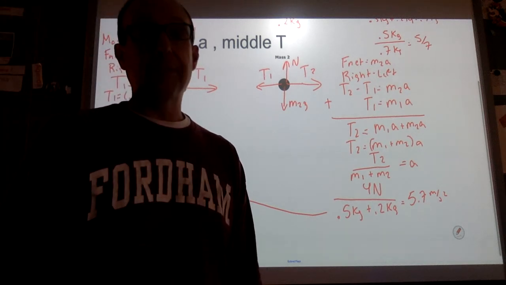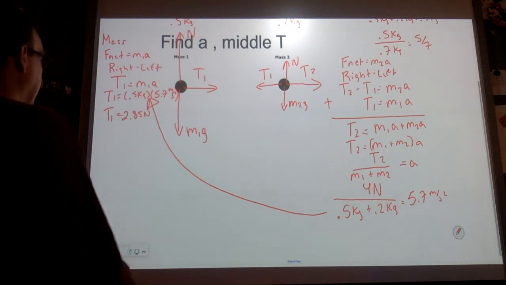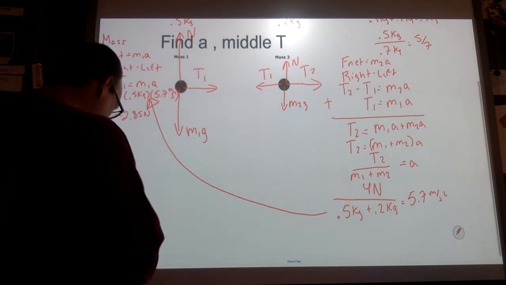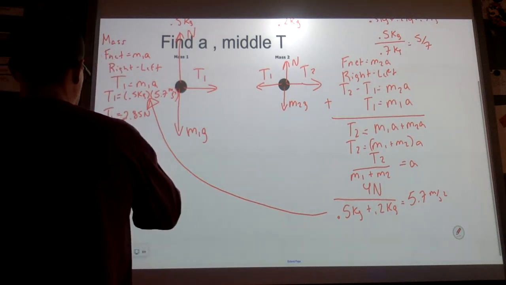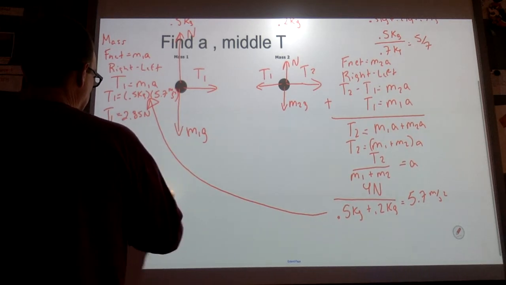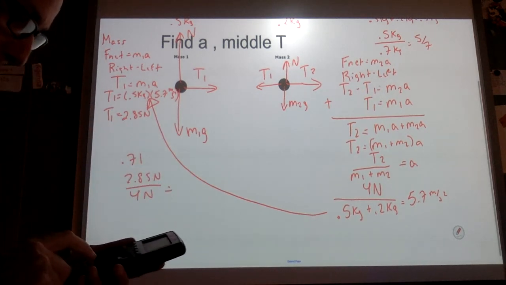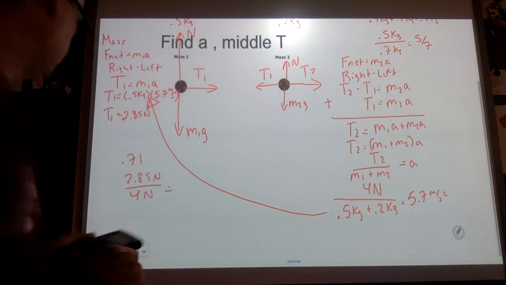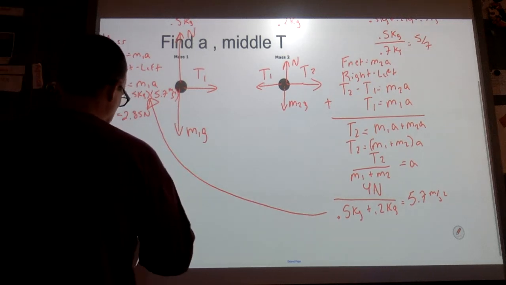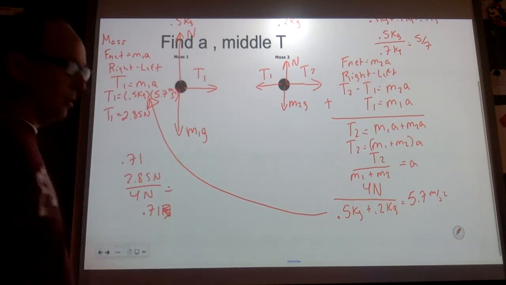I said it was 5/7 of the total force it was going to get. So what is 5/7? It is 0.71. What is 2.85 divided by 4? 0.71. Oh, no newtons, just a ratio.